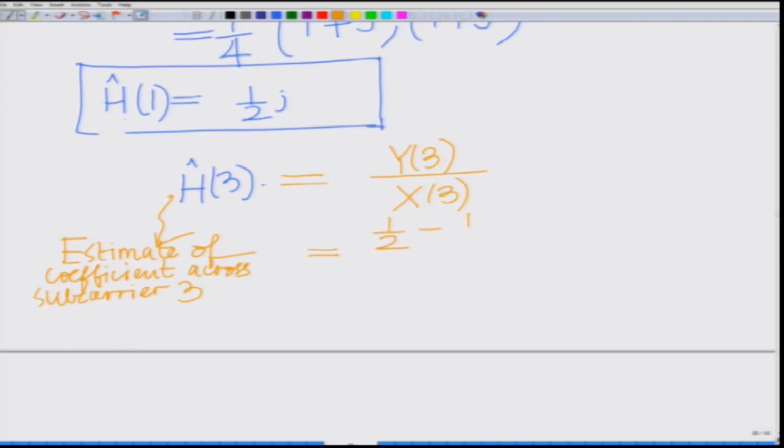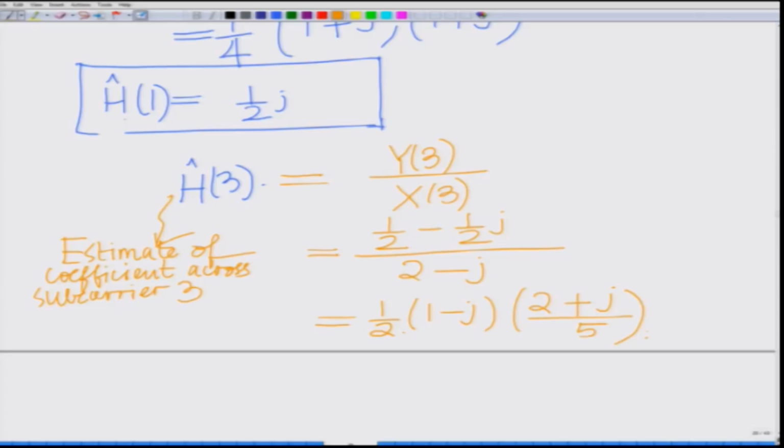That is, y3 equals half minus half j divided by capital X3, which is 2 minus j, which is half into 1 minus j into 2 plus j divided by 5.